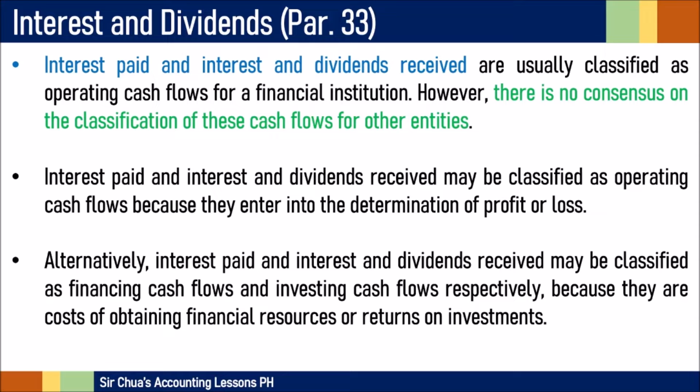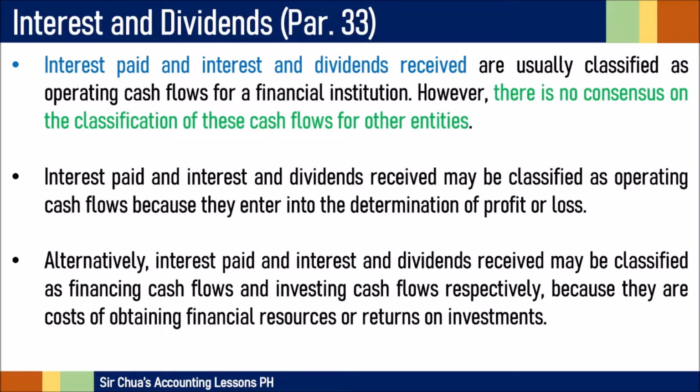However, the standard provides us an alternative, which is interest paid can be presented as a financing cash flow because, as you know, when you are paying for interest, it's actually related to any loan or bonds that you have. And as you know, loans and bonds form part of financing cash flows. So the thing is, you are actually paying for interest because you have loans and bonds.